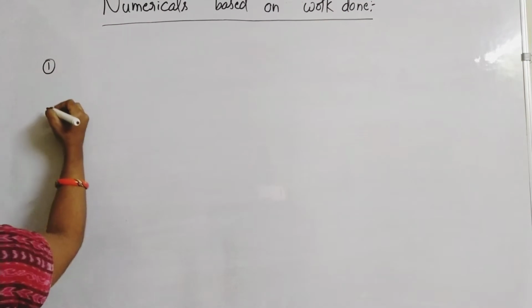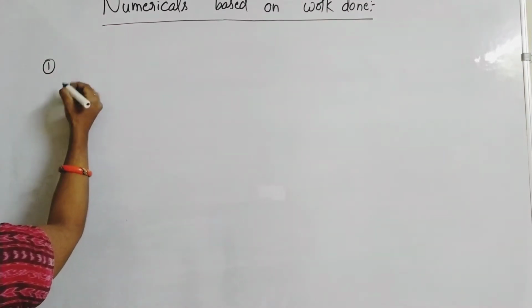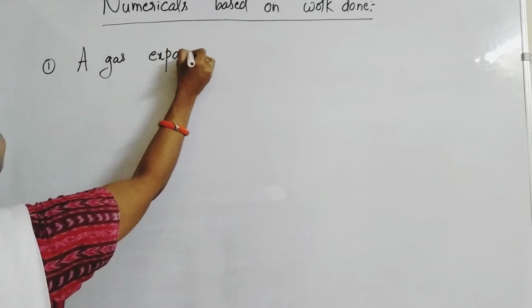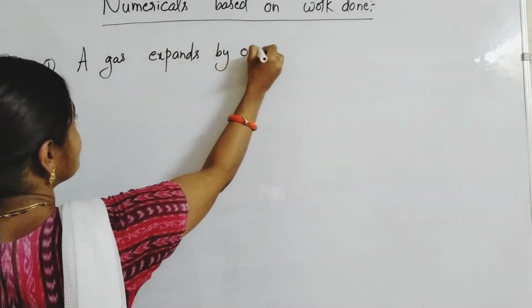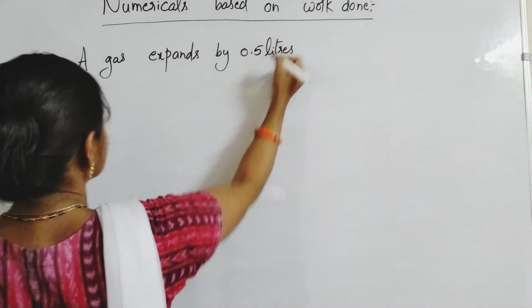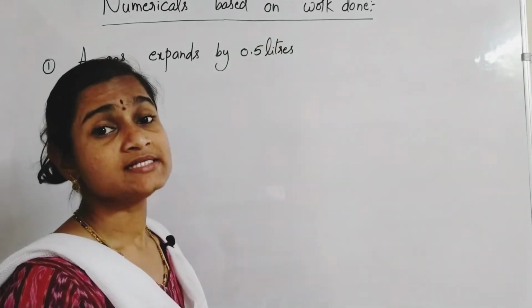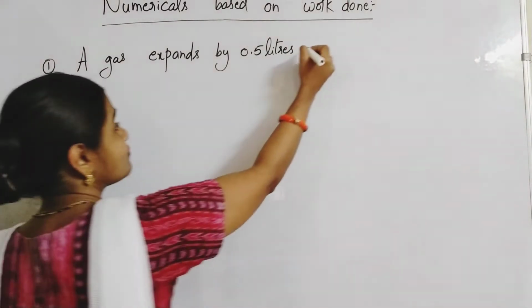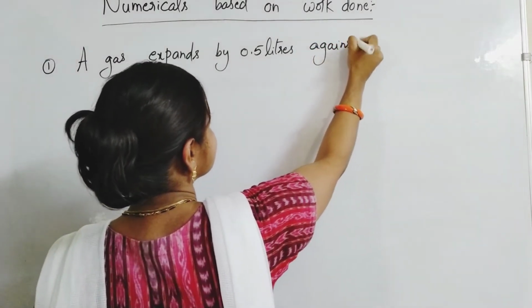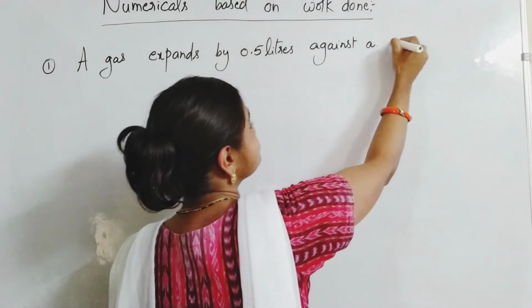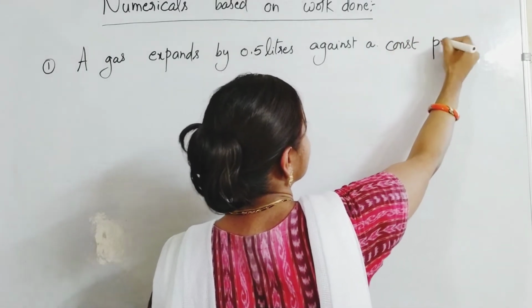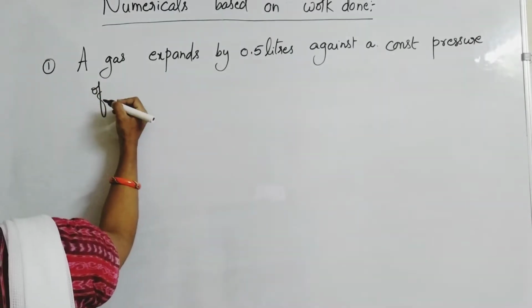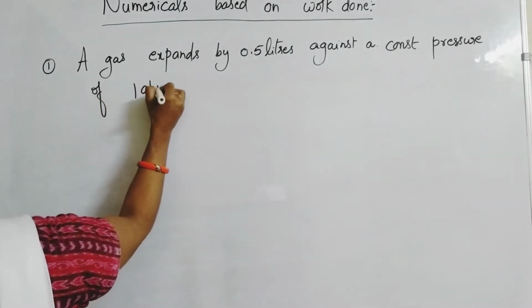Question number 1. A gas expands by 0.5 liters against a constant pressure of 1 atmosphere.